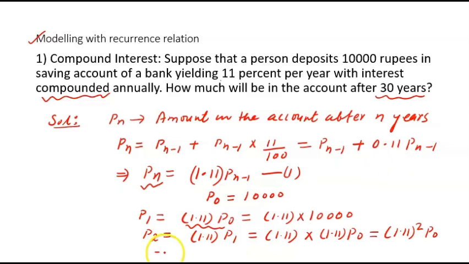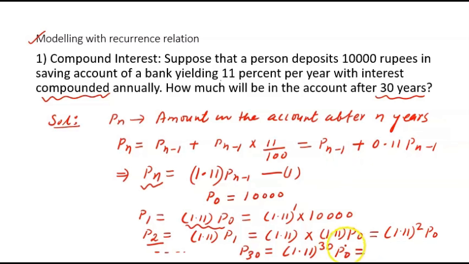And continuing like this, if I have to calculate the amount after 30 years, so if it is P2, we are getting a square. If it is P1, we are getting 1 power. So if I have to calculate P30, I will be getting 1.11 to the power 30 into P0. So this will be the total amount in the savings bank account at the end of 30 years.